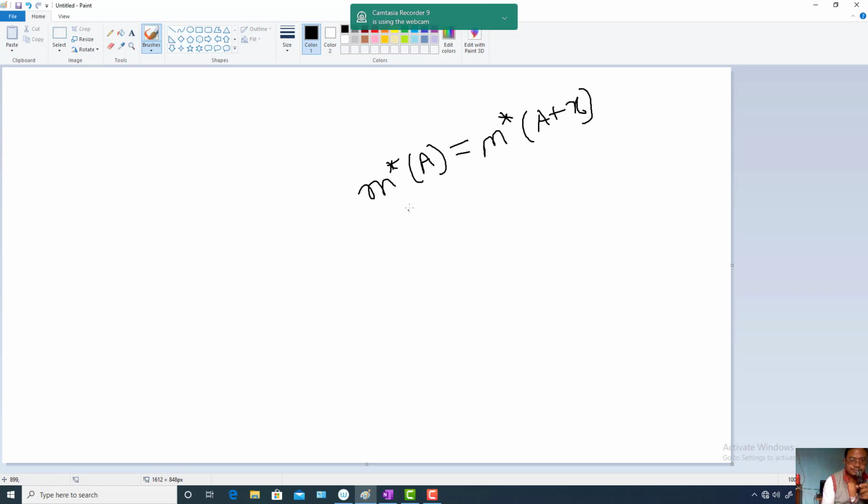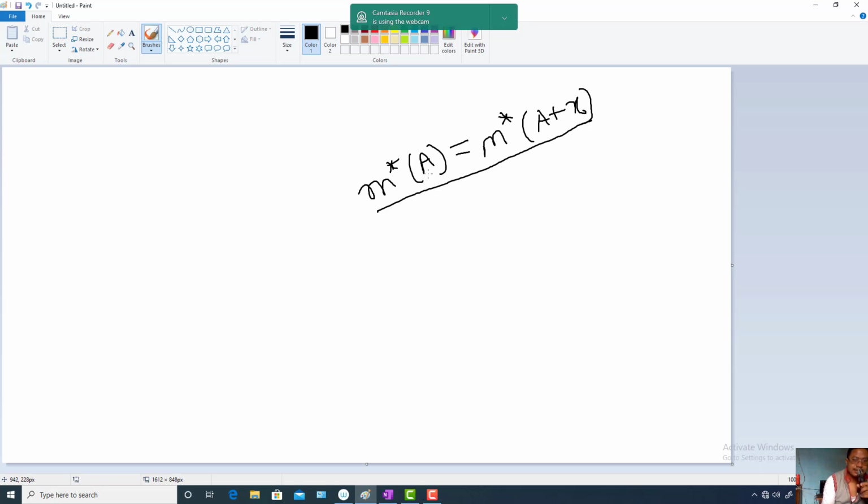The outer measure of a set A is exactly equal to the outer measure of A plus x. So outer measure is translation invariant.